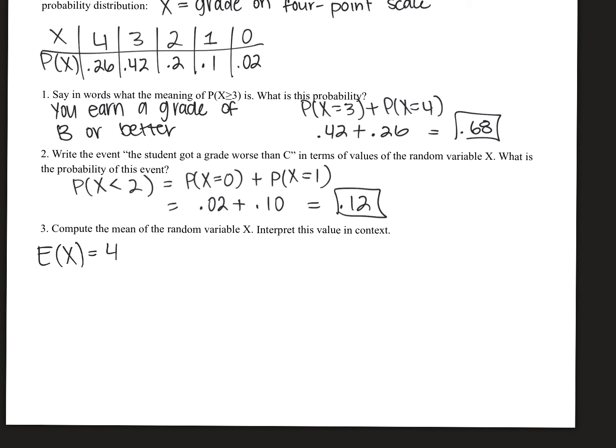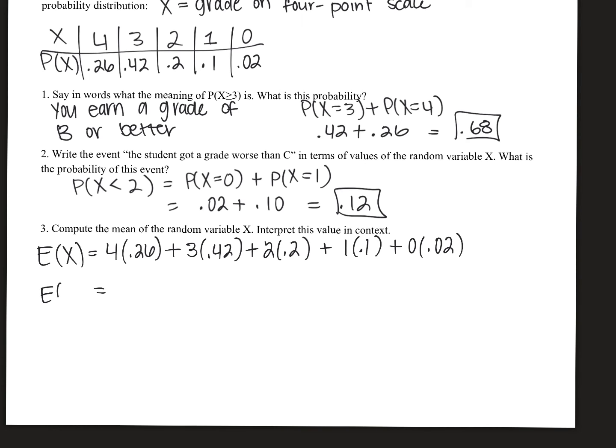The first X value is 4, the probability is 0.26, plus the next one, 3 times 0.42, plus 2 times 0.2, plus 1 times 0.1, plus 0 times 0.02. We can just plug it into a calculator at this point, and we get an expected value of 2.8.